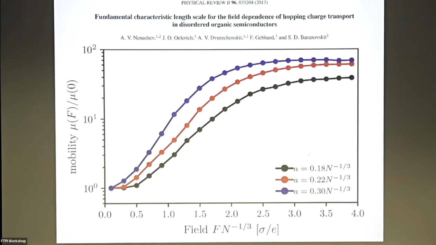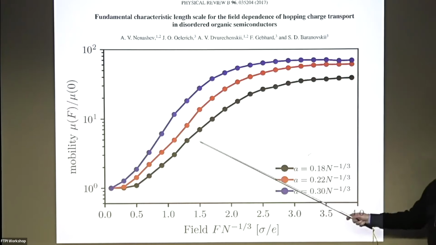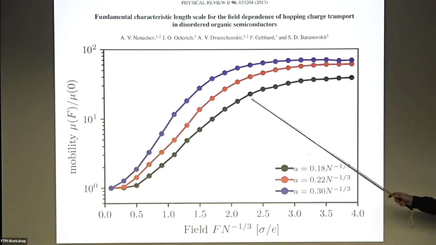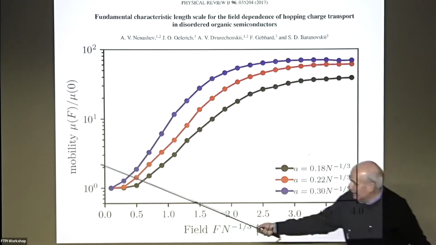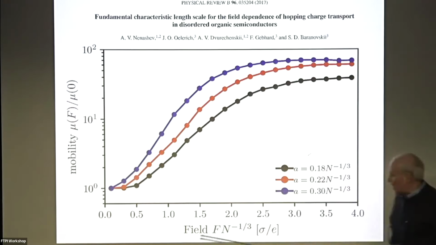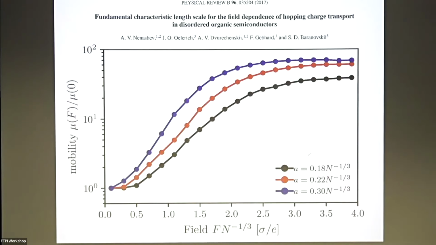And what we did? The solid lines do not mean anything, just drawn through the simulated ones. And these are simulated mobility as a function of electric field, for a system with spatial randomness, and we see that the result does depend on the localization length.